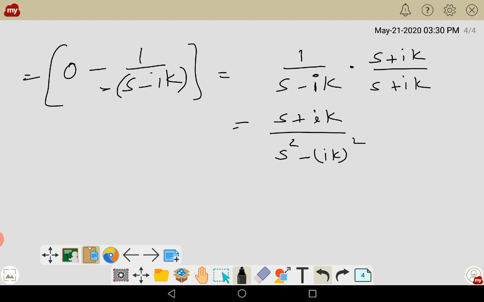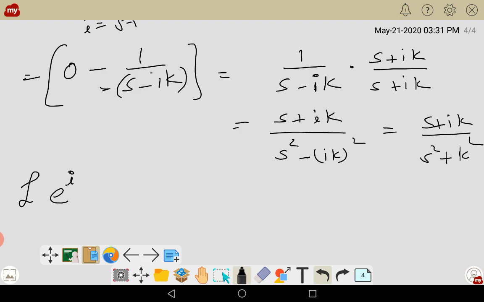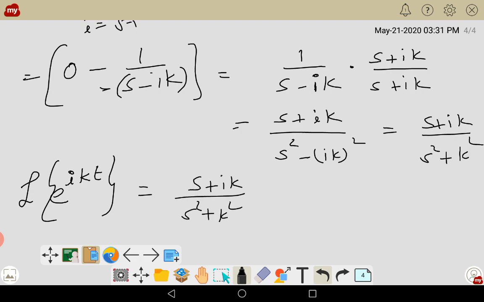I square will be negative 1 because i in the complex field is square root of negative 1, so this will be positive. So the answer is s plus ik over s square plus k square. So when you find the Laplace transform of e raised to ikt, the answer is s plus ik divided by s square plus k square.